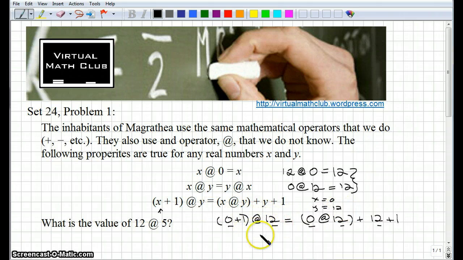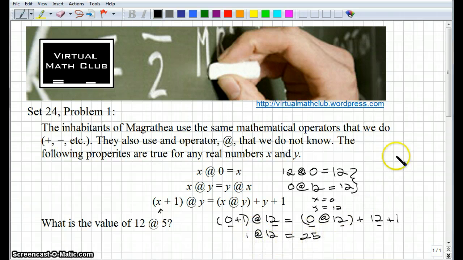Alright, so this is saying here that 1 at 12 is equal to 0 at 12, which is 12, plus 12 plus 1, so that's 24 plus 1, which is 25. Okay, so we know 0 at 12 is 12, 1 at 12 is 25.